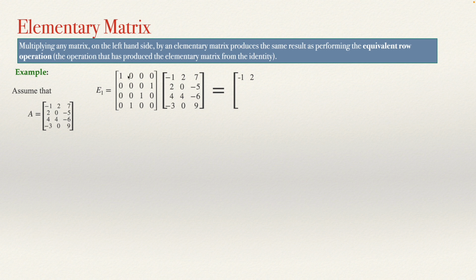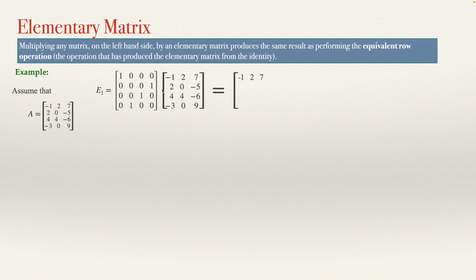If we multiply the first row by the third column in the second matrix, it will be 1 times 7, 7. The others will be 0. So I notice that when I multiply the first row times the other matrix, the first row doesn't change.